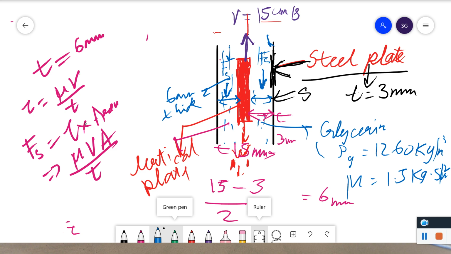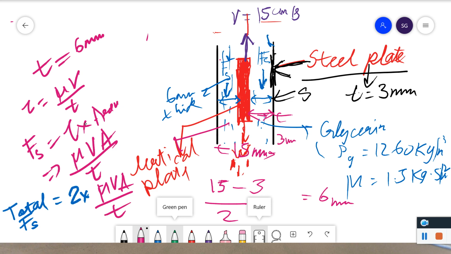So the total shear force Fs will be 2 into mu V A upon T.